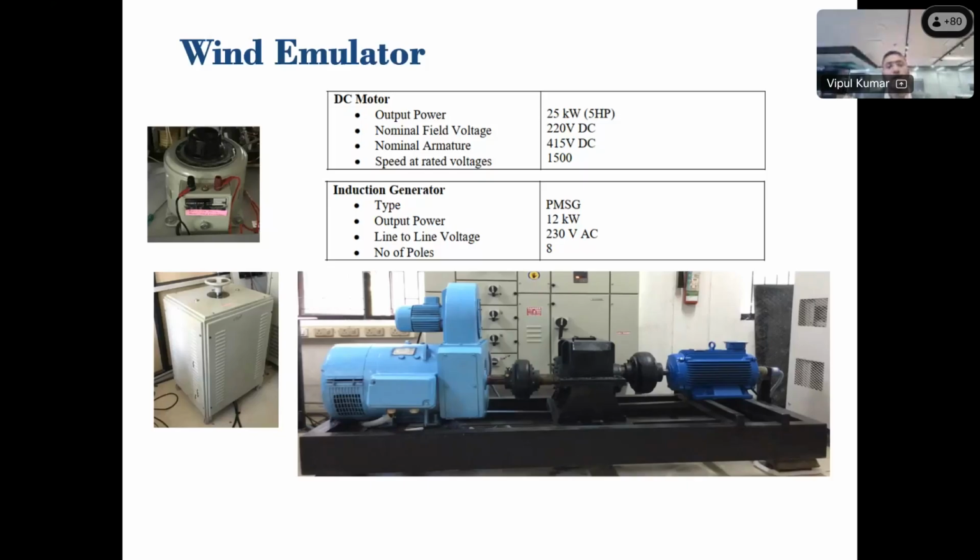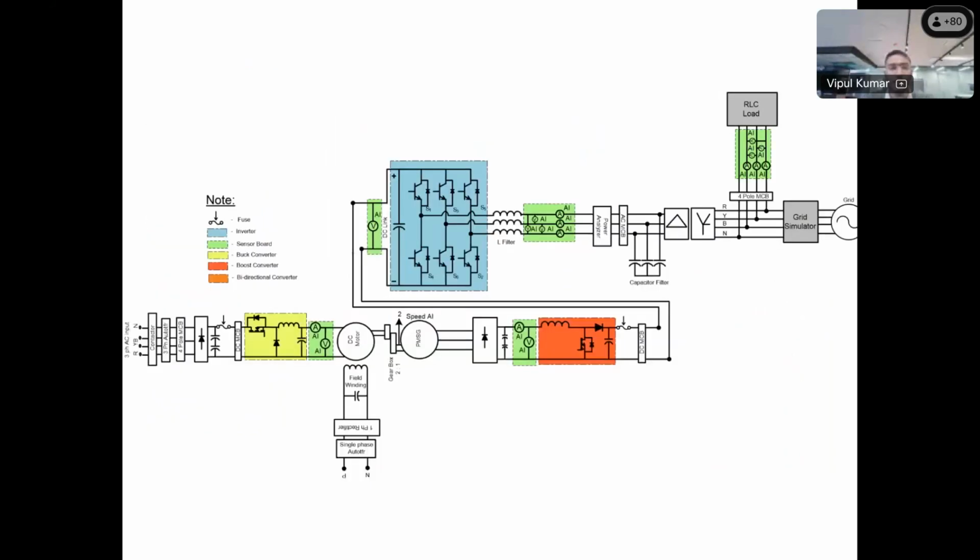Okay, and in the circuit diagram after that rectifier we have the converter in the armature, and in the field also we have the single phase auto transformer. After that we have a single phase rectifier, and the DC motor is connected to the PMIG using a 2:1 gearbox.